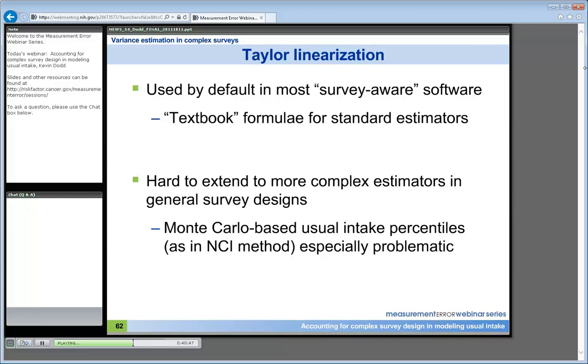And back earlier in the webinar, when I told you that percentiles like medians were the classic example of a problematic or non-smooth estimator, it turns out that the Monte Carlo-based usual intake percentiles we use in the NCI method are especially problematic to handle with this Taylor linearization approach.